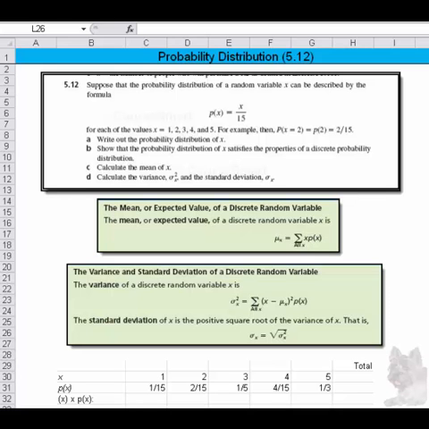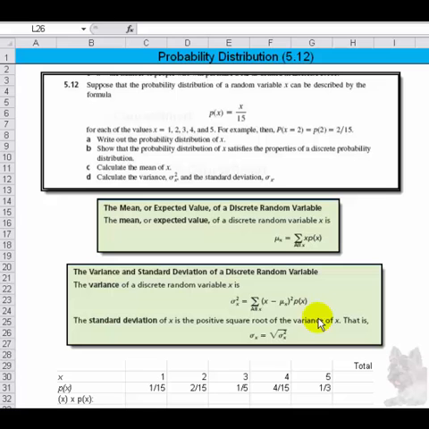Now what I want to do is illustrate the calculations of C and D using Excel to help with the calculations. I also added in some of the formulas we need. The mean or expected value of a discrete random variable is given in this formula: you take the sum of x times the probability of x for all x.